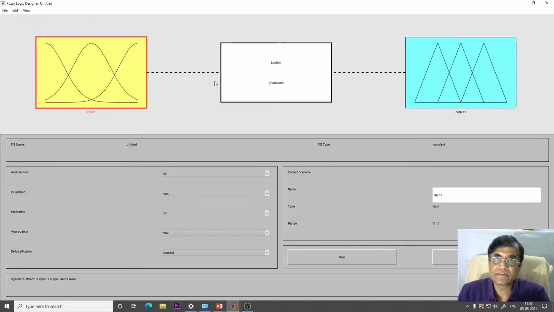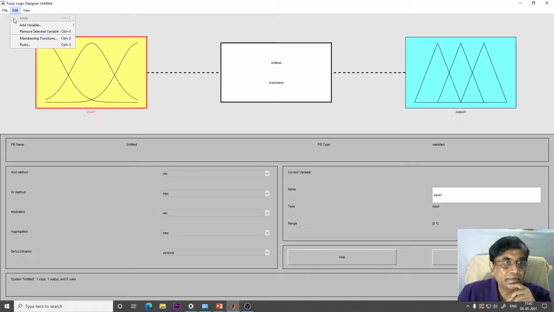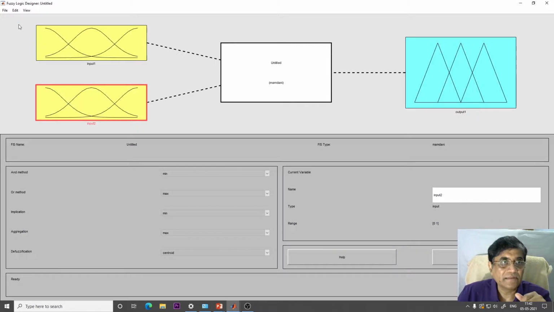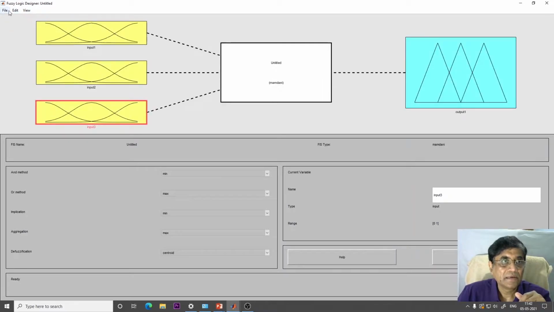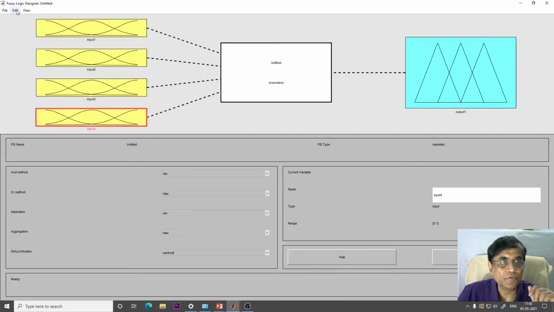I will first have to tell my cell what the inputs are and what my output will be. So you see, go to Edit and you have to add variables. I have added one. In this way, you can add as many variables as you want, both input and output.